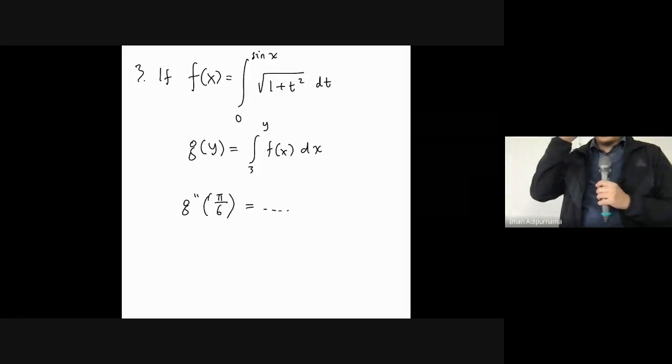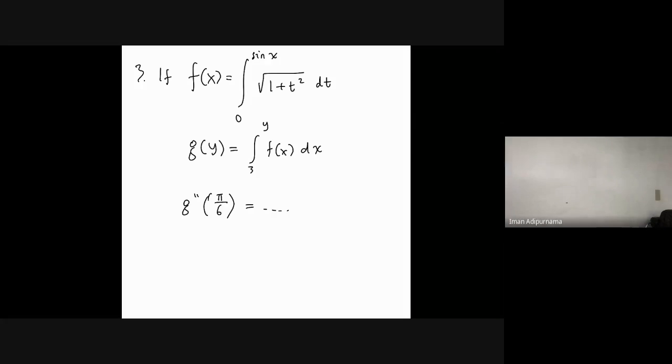So now you have f of x and g of y. f of x is the integration from 0 to sine x. So the function is now sine x at the endpoint, and also the inside is not f of t.